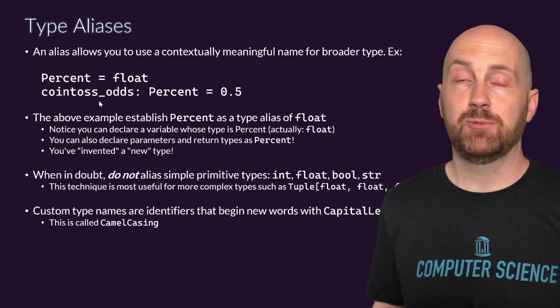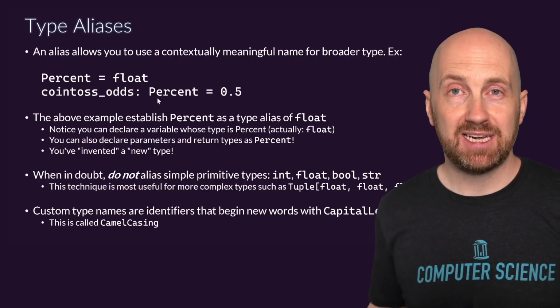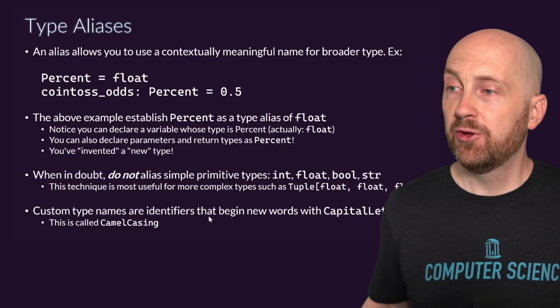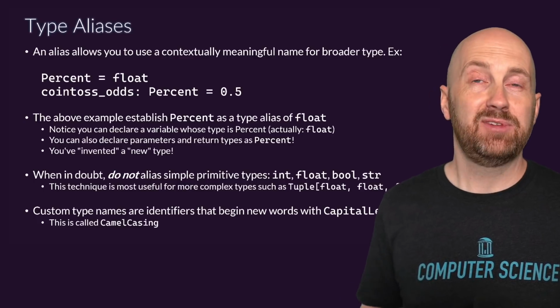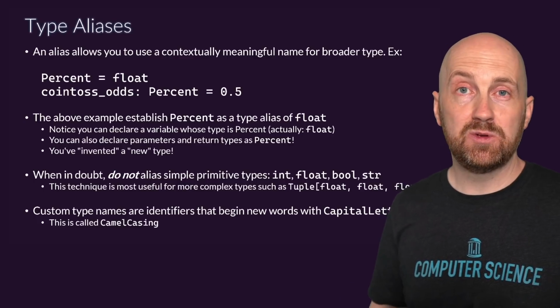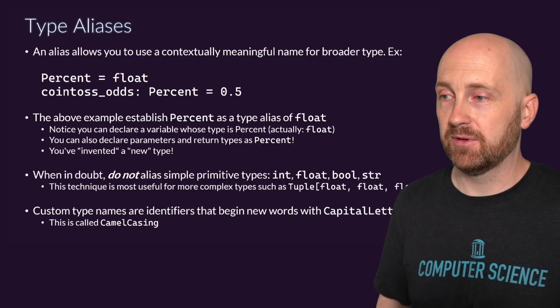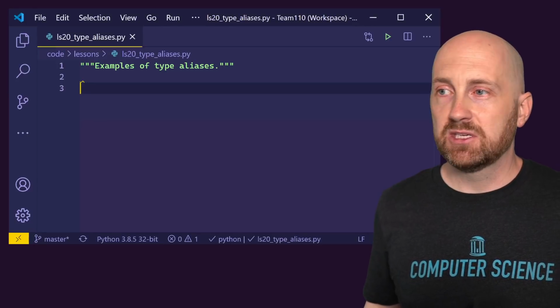So notice in this next line, we're declaring a variable, coin toss odds, and we're saying its type is P, and it's being assigned initially 0.5. So we've established a P alias, and we've effectively invented a new type. Anywhere we could use a type, we can now use the word P to mean effectively an alias of float, right? Let's go ahead and try this out and convince ourselves that this comes together.